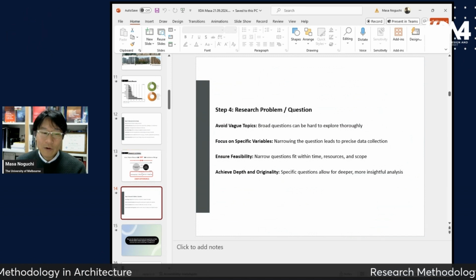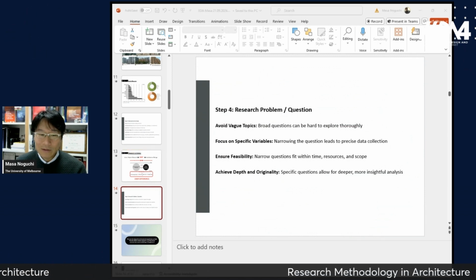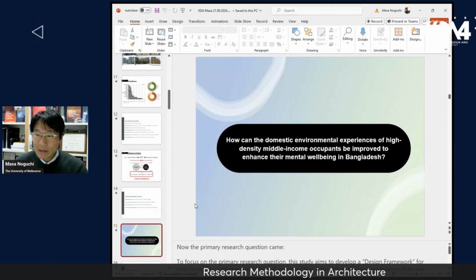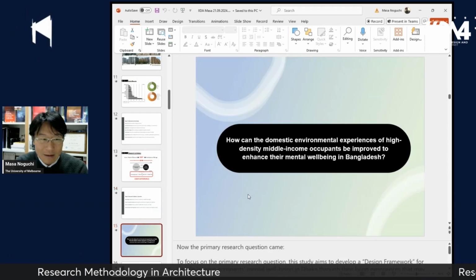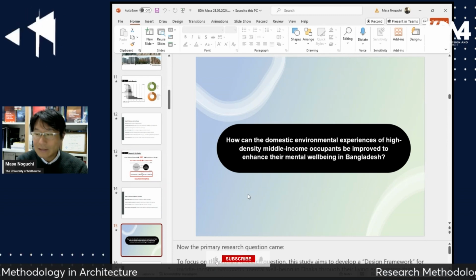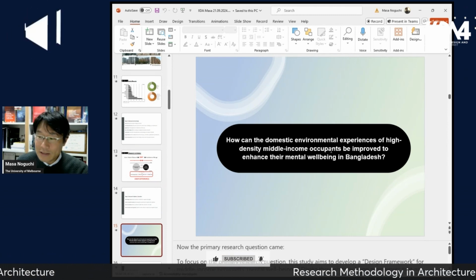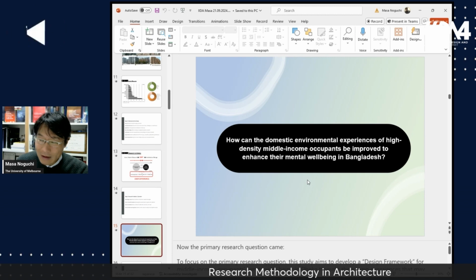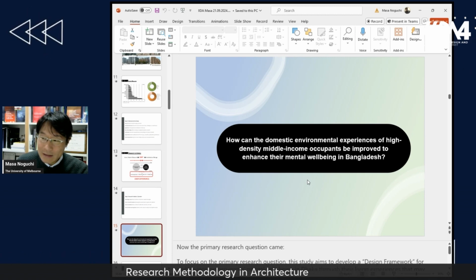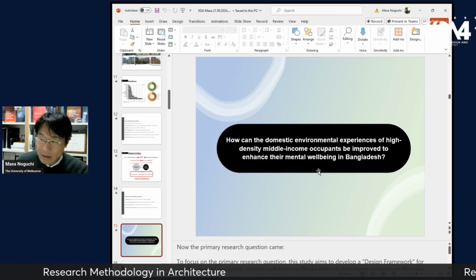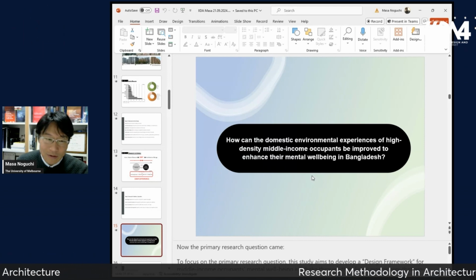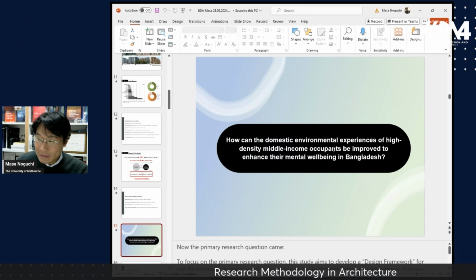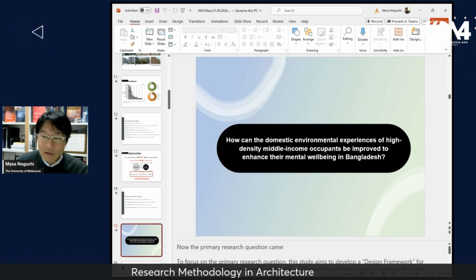Therefore, it is very important to specify the area that the research can handle. So this is the research question he developed. As I showed before, he wanted to use user experience as a channel between the two.